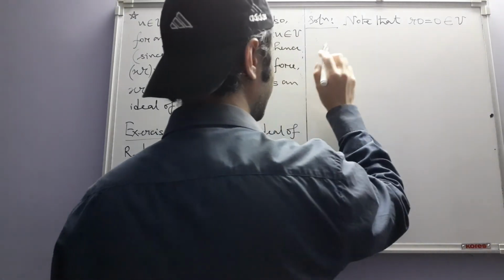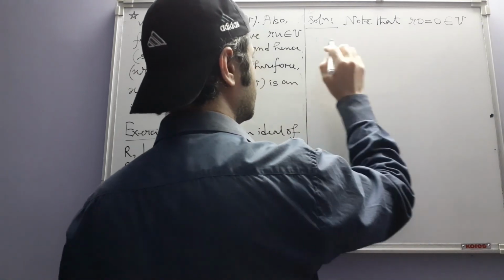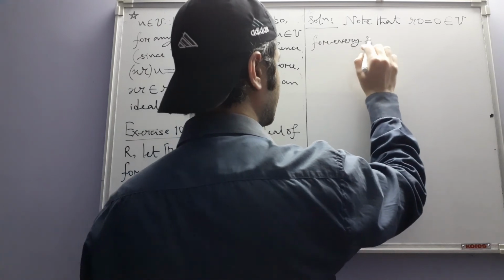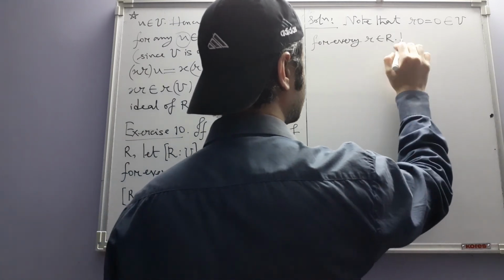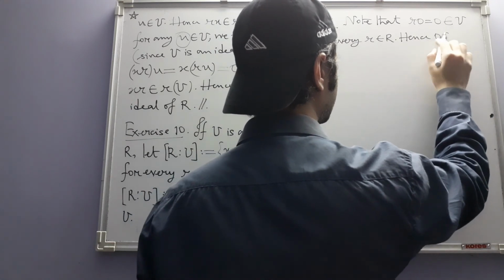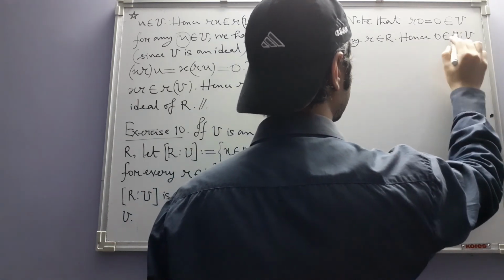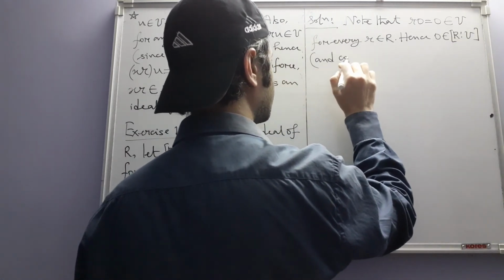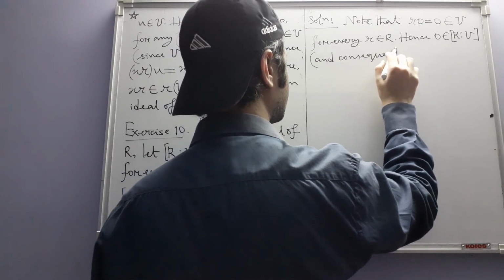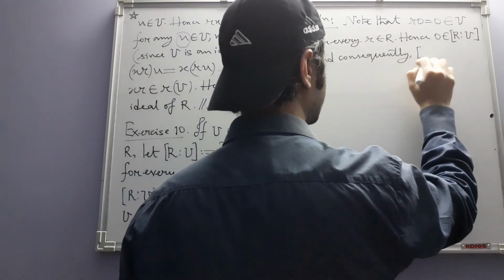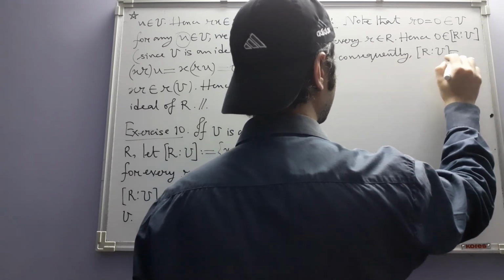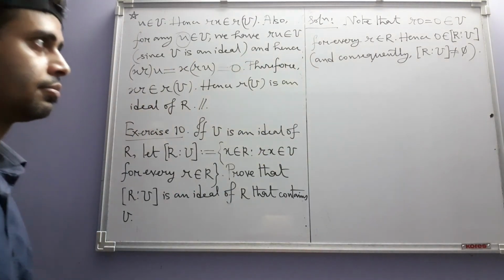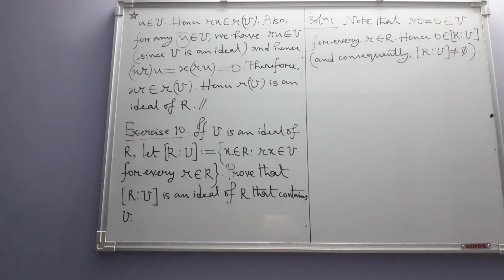So this belongs to U, and this is true for every r belonging to R. Hence, 0 belongs to this subset, and consequently this is non-empty. Okay, so non-emptiness has been shown.